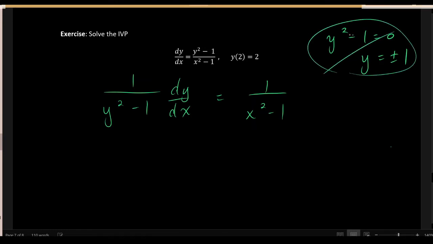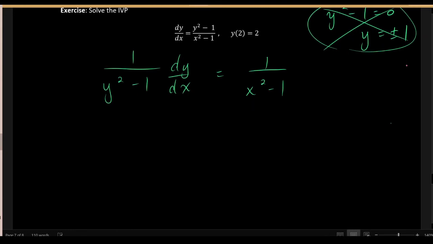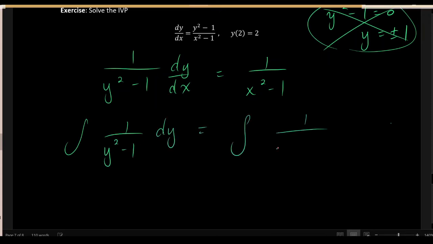So in this case as well, those two constant functions do not satisfy the initial condition, so they can be discarded. So let's work on integrating 1 over y squared minus 1 with respect to y, and 1 over x squared minus 1 with respect to x.